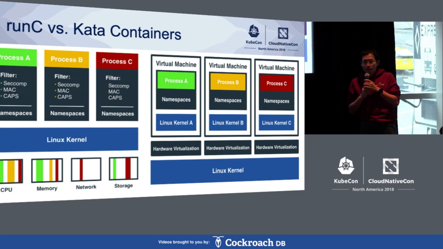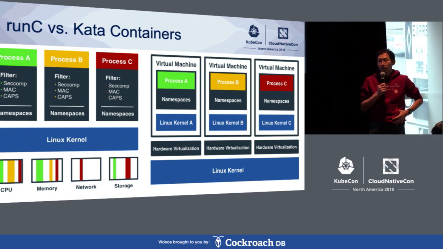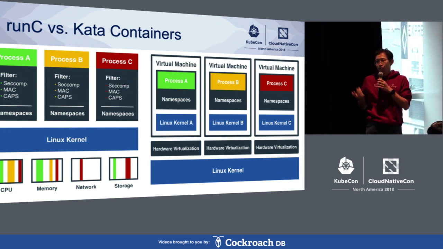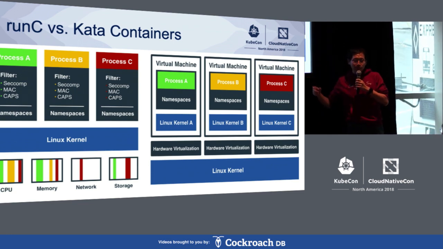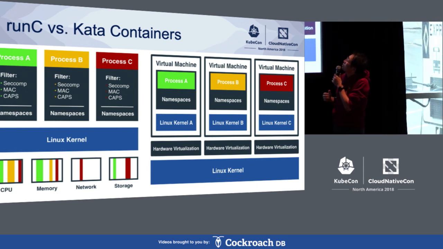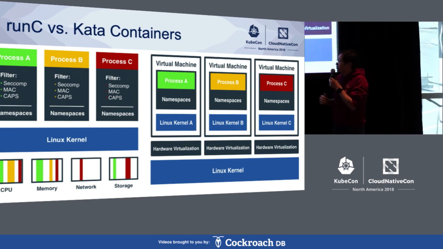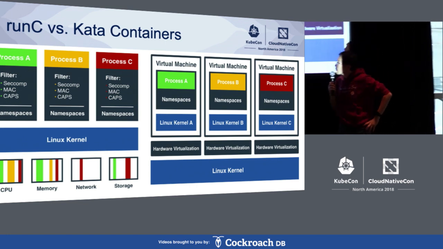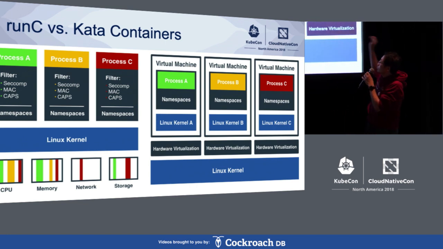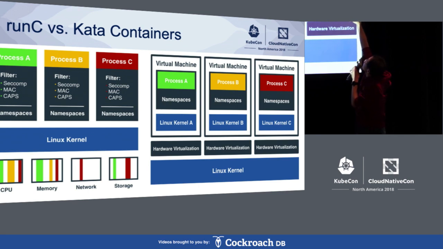So at this point, if you want more secure isolation for your containers, you must have at least two levels of isolation. That's the idea of Kata Containers. We use virtualization, and we run every pod sandbox inside a virtual machine.